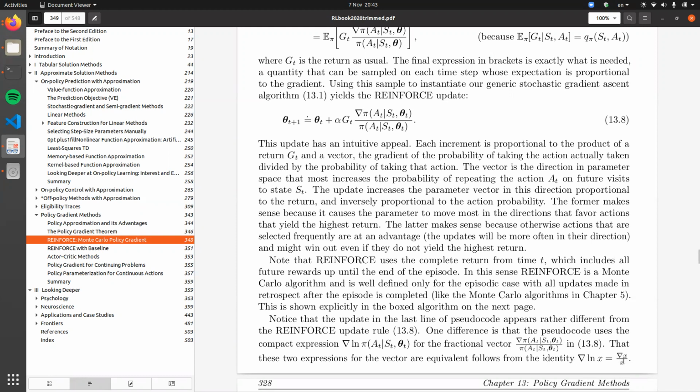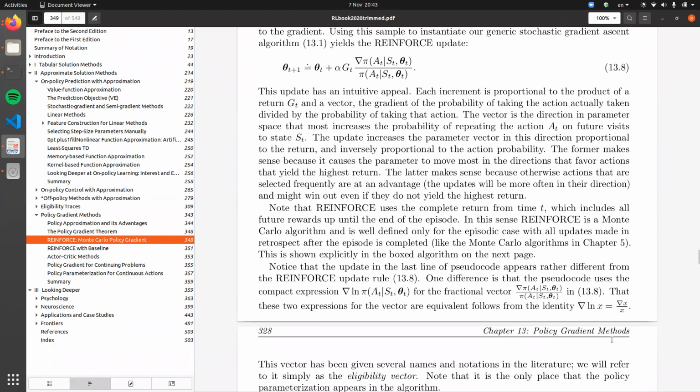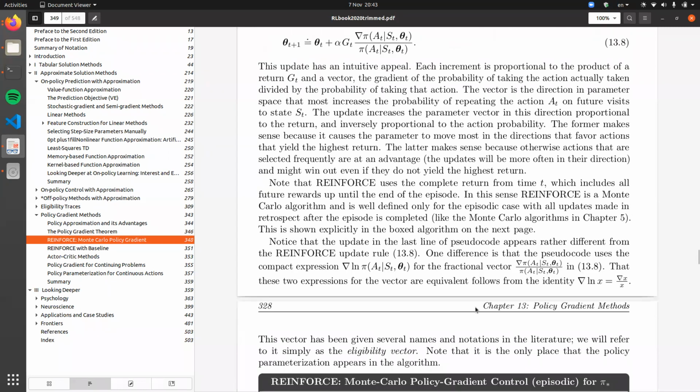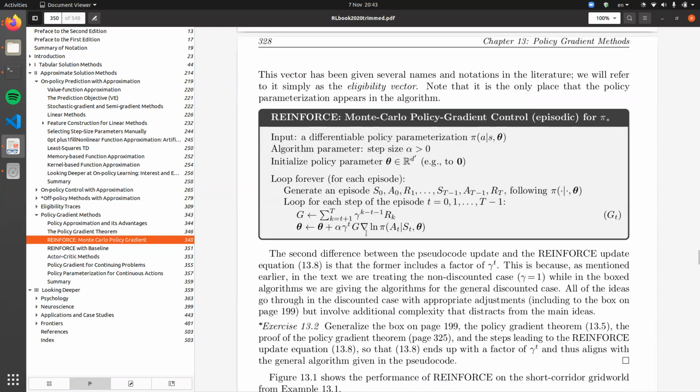And the same is true for a function, and in this case, our function is pi. So we will use the logarithm of the policy rather than the gradient of a policy divided by the policy itself. And that would be useful because, when combined with softmax, it will give us a simple expression for the resulting gradient.